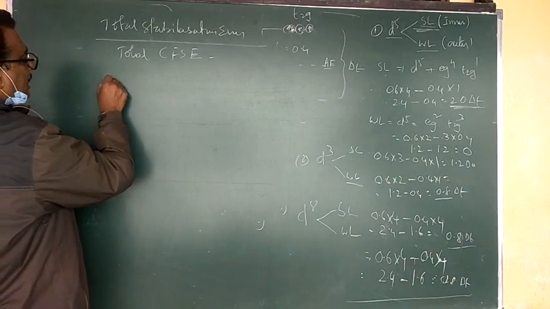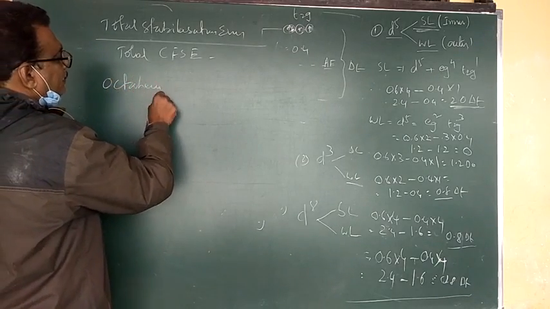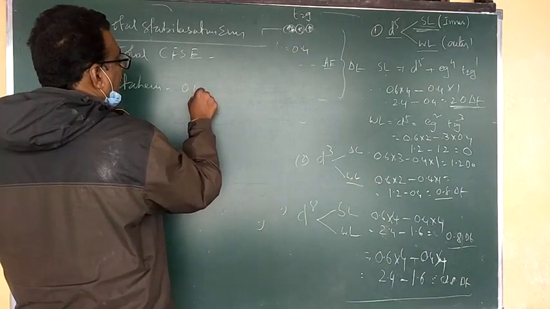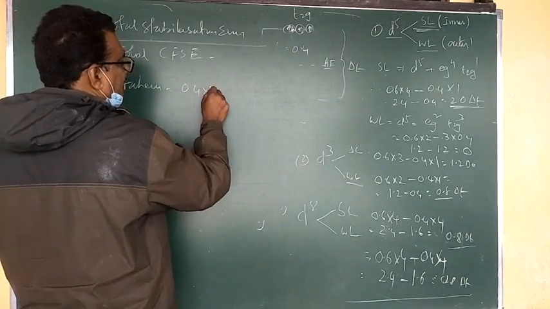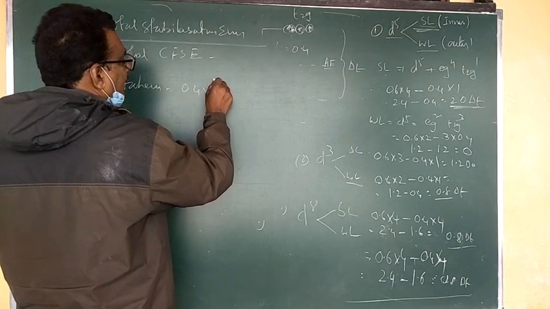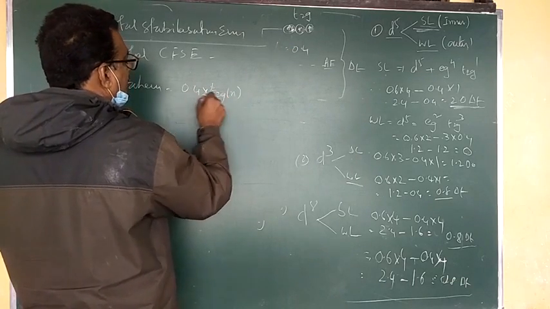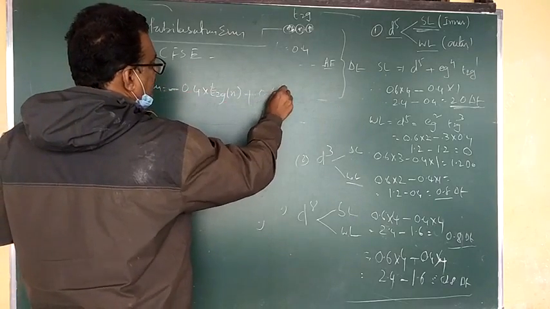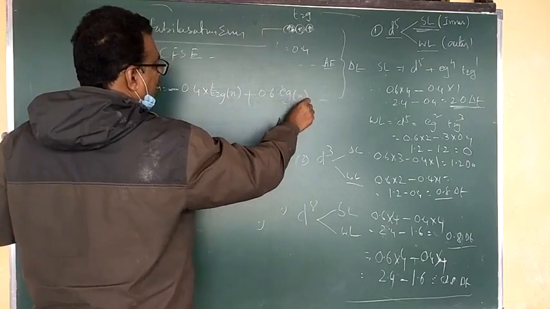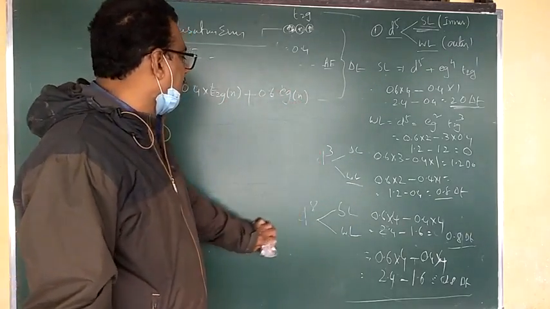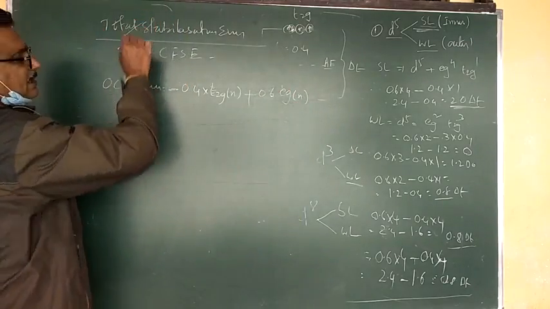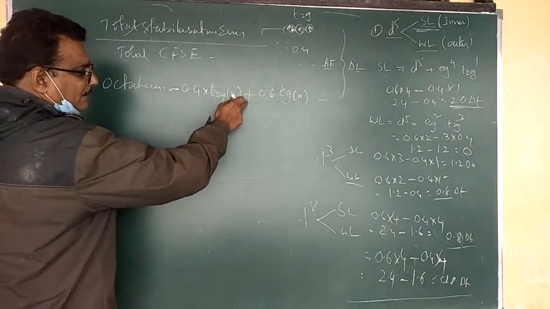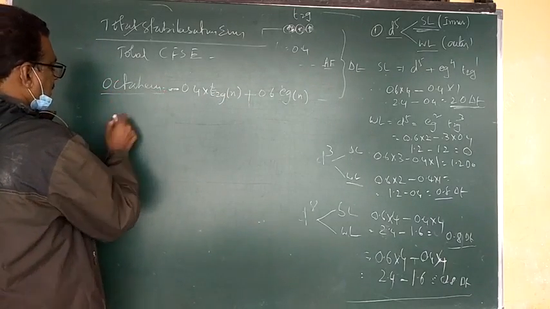In octahedral, it is 0.4 into the number of electrons in T2g, with a minus sign, plus 0.6 into the number of electrons in Eg. This is the formula. Total stabilization means a minus sign, and total means summation. This is for octahedral.